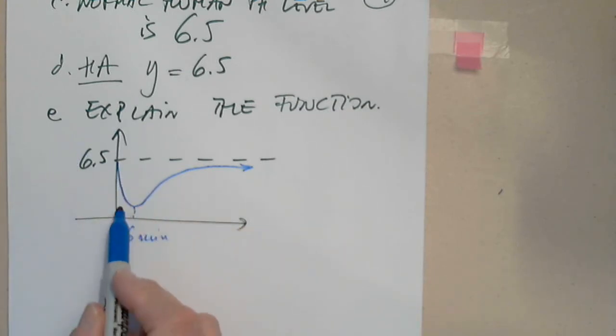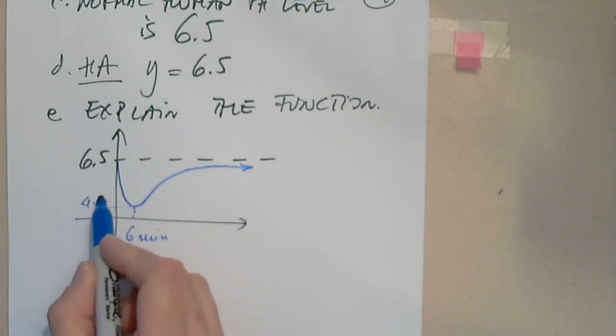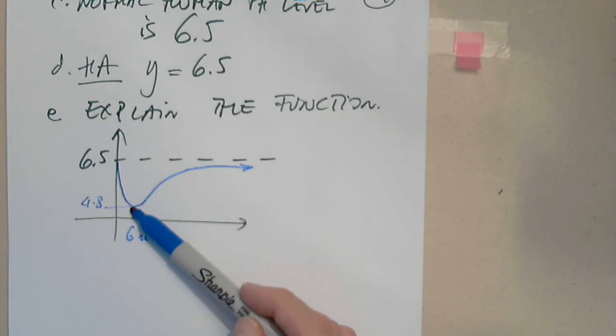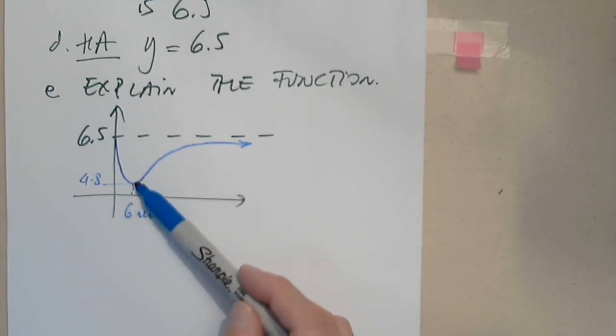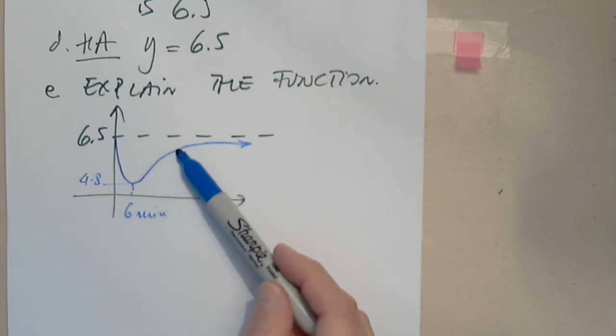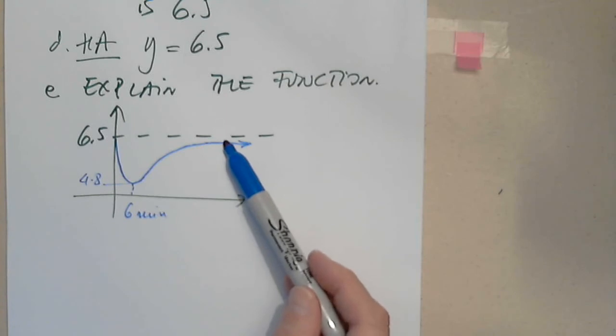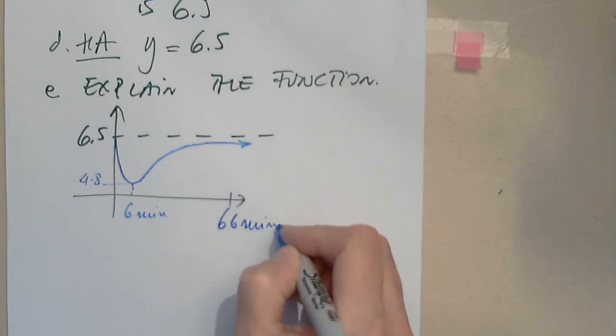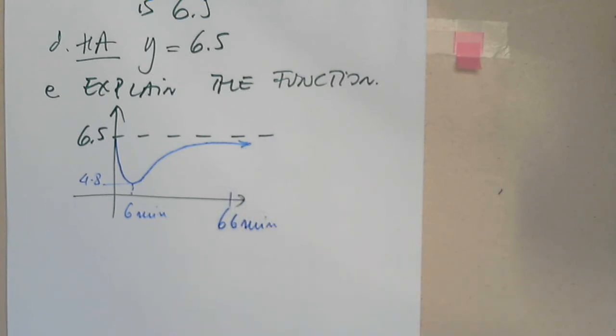My graph is not to scale. So it drops fast in 6 minutes. It drops to 4.8. And then slowly but surely, over a long time, about 66 minutes, it follows the trend of going back to normal.